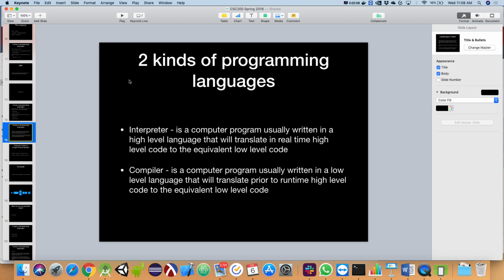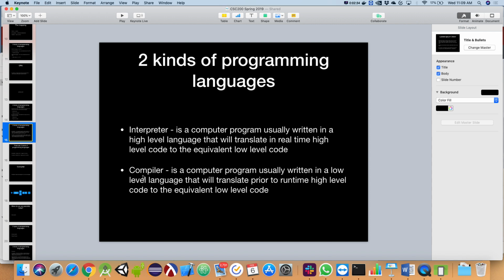So we talked about what an interpreter is and what a compiler is. An interpreter is a computer program that you feed a high-level language into, and in real time, while the program is running, it translates it into code that the computer can understand. Somewhere in there, it's going to translate into a low-level language that then ultimately gets translated into zeros and ones that get processed by the CPU.